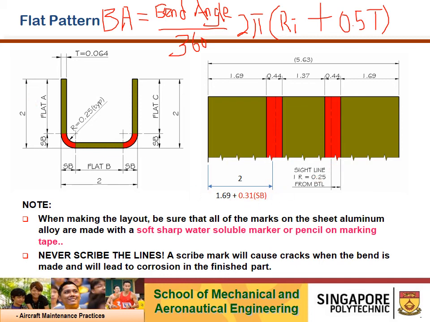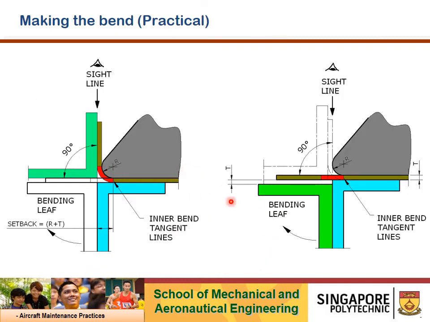These slides show you the possible sightline. Sightline is the one that you use to gauge and bend the sheet metal to form the required angle.